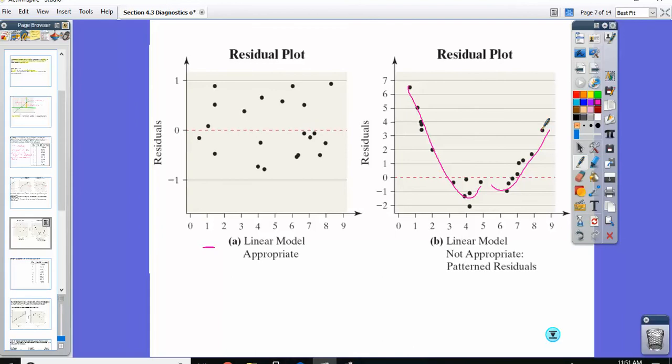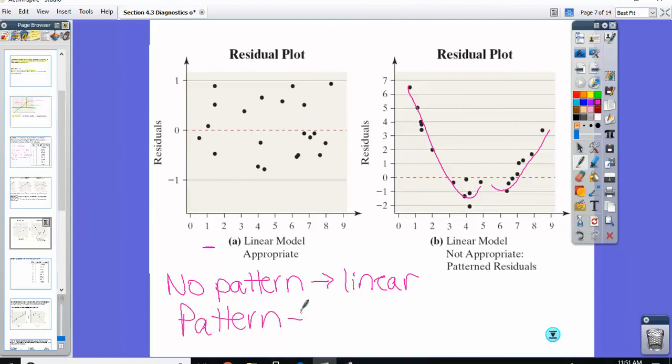So when we plot the residuals, if there is no pattern, that means it's linear. If you do see a pattern, that tells us there's something wrong. I say not linear, but it's more that this linear model isn't a very good one for that scenario.